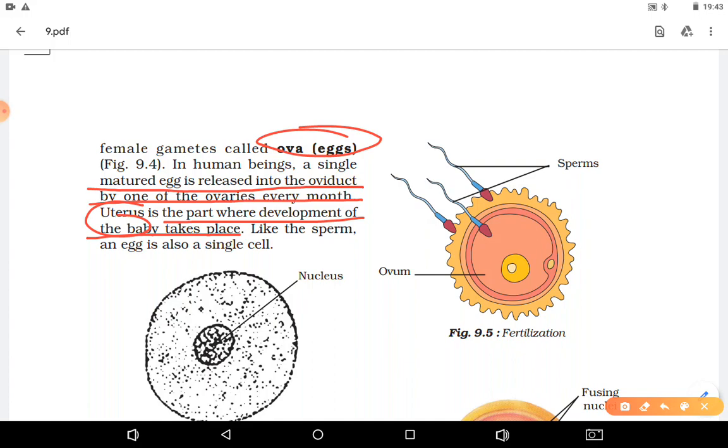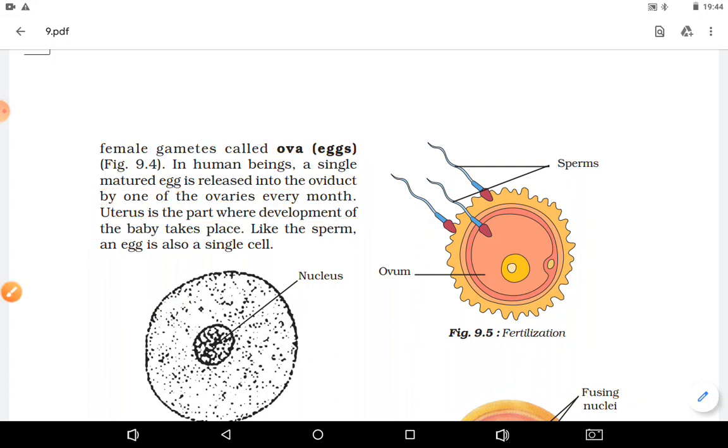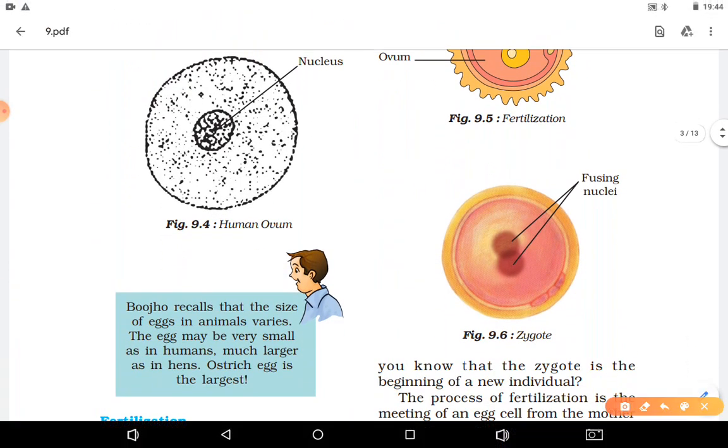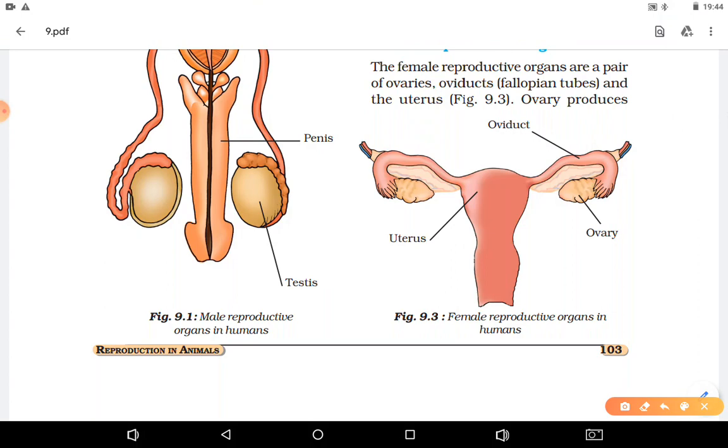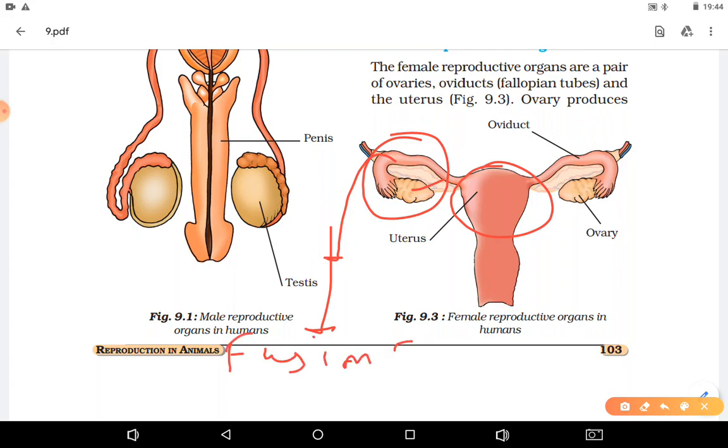Now they have given here this part. The uterus is the part where the development takes place, and the oviduct, including the ovary, is the place where fusion of gametes takes place.